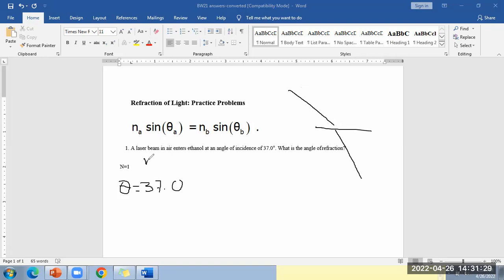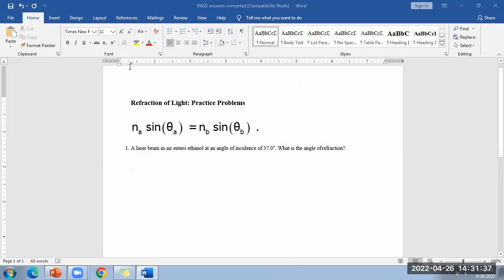Tatandaan lagi, kapag air, ang value ng n natin ay 1. Ang water ay 1.33.